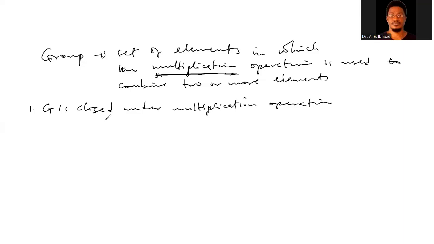So for instance, if for all A, B, C are elements of the group, then if we say A times B times C, it should give us the same as A times B times C, and this result should also be an element of this group. So if this gives us P, then we find out, is P an element of this group? If it is not, then it does not form a closure.